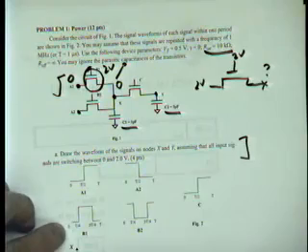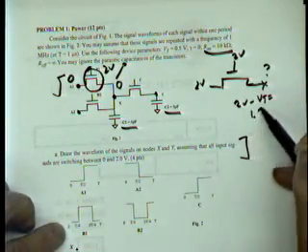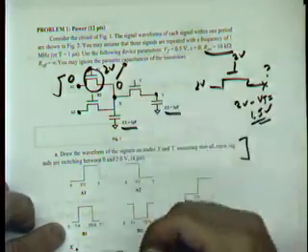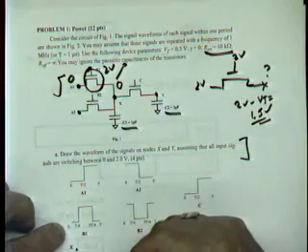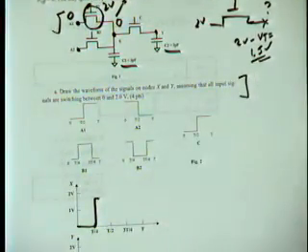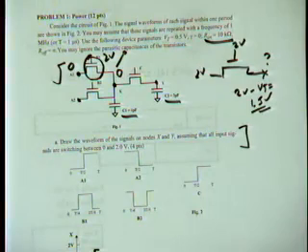It's not going to go all the way to 2 volts, but it's going to go to 2 volts minus VT, which is 1.5 volts. So what we're going to see is that node X is going to go up to 1.5 volts, and not to 2 volts.